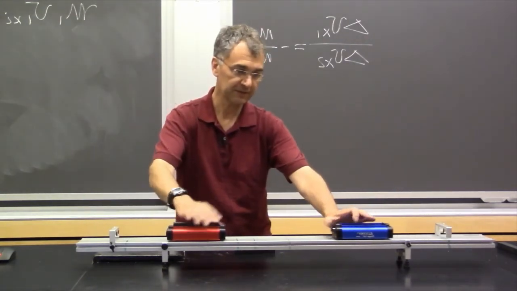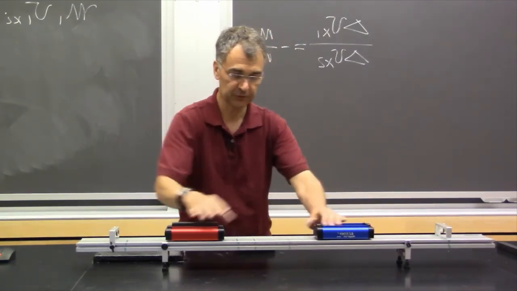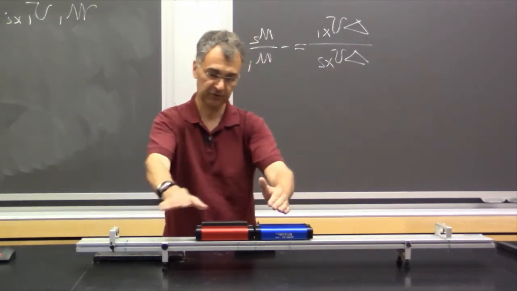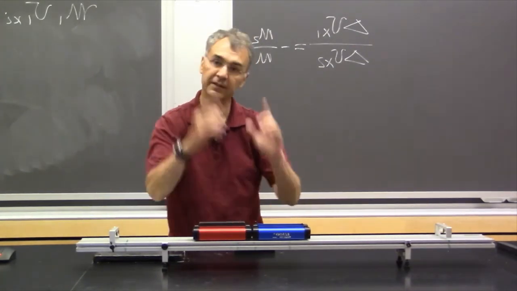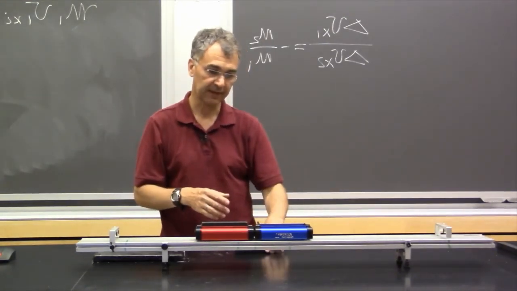What if we make the distances that they have to travel a ratio of 2 to 1? So you see the blue cart will have to travel twice as far as the red cart will to hit the end. Then I think your ear will detect that they hit the ends at the same time.